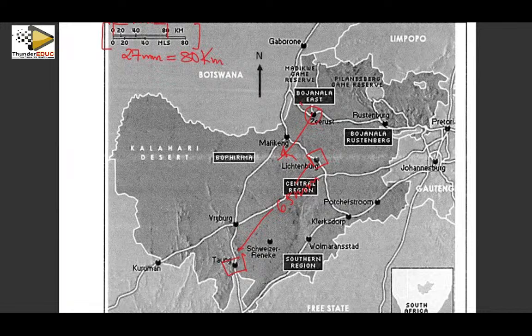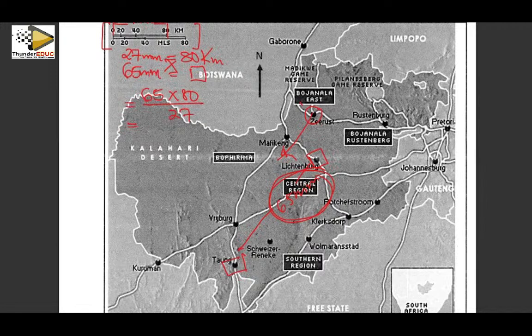But the question wants you to change the distance that you measured into real life. So this is so straightforward. If 27 millimeters give you 80 kilometers, what about if you have 65 millimeters? We cross multiply, which was supposed to be 65 times 80, divided by 27. Since we are using different rulers, the answers are bound to change.